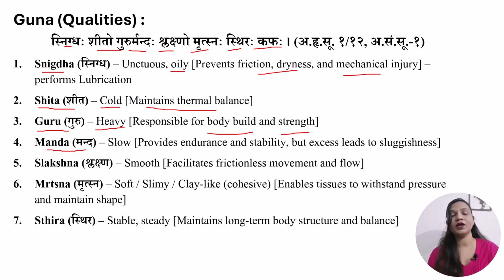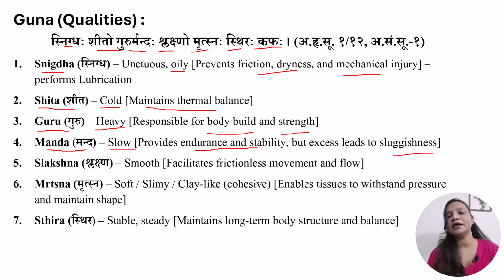Next one is Manda. Manda means slow. So due to the presence of this quality in Kapha Dosh, which is Manda, Kapha Dosh provides endurance and stability. But excess of Manda gun in Kapha dosh will lead to sluggishness. Due to the presence of Manda or slow gun of Kapha dosh, it provides a low but steady metabolic rate in the body, and it is also responsible for long term tissue building.